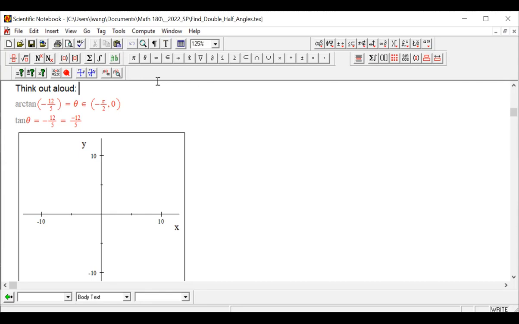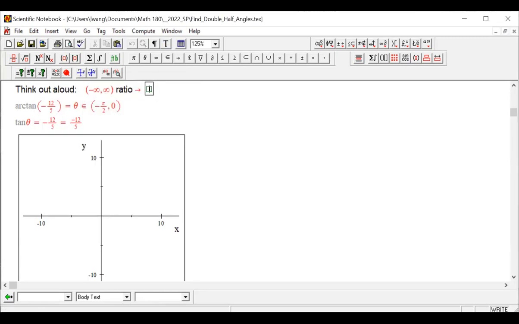The domain of arctangent is all real numbers, from -∞ to +∞. Any ratio will do, and that will be the input for arctan.